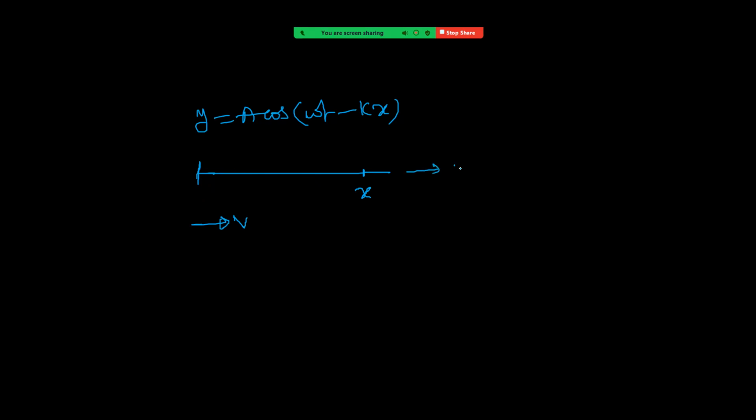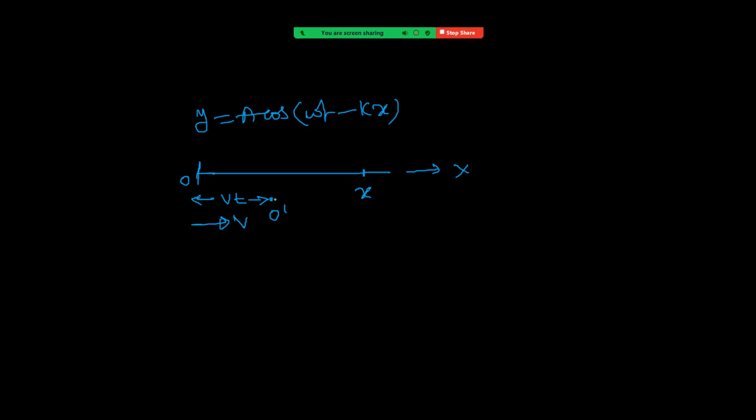Now in this frame, after some time t, the origin will be somewhere here. Let us take this as origin O, the ground frame. This is O dash, which has velocity v. In time t, the origin O dash has moved a distance v into t.